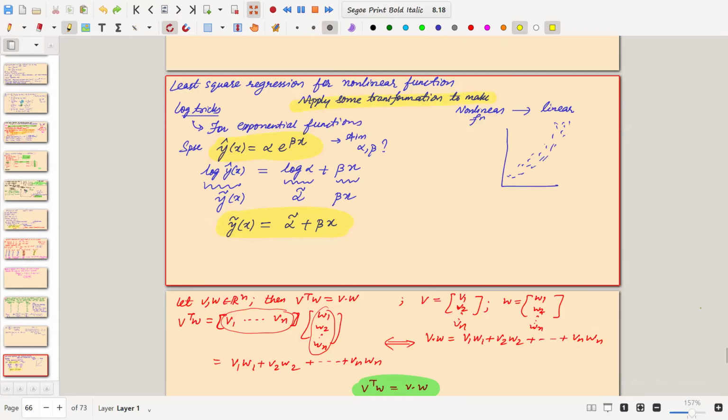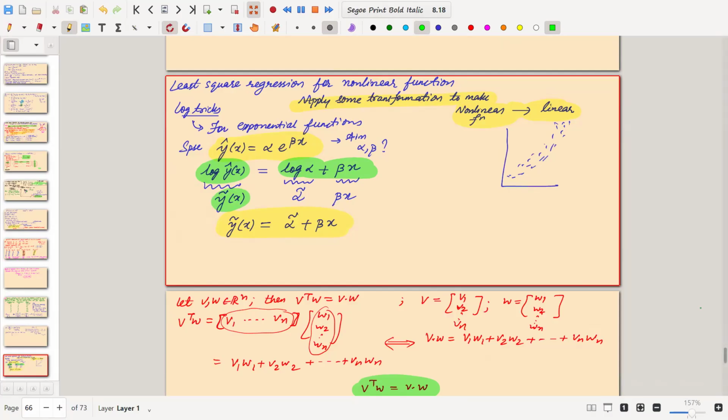Apply some transformation to make the non-linear into a linear case, isn't it? So what we did, we apply log on both sides. If you apply log on both sides, what are you getting? log y tilde equals log alpha plus beta x, right? I am calling this log y tilde as y tilde of x.